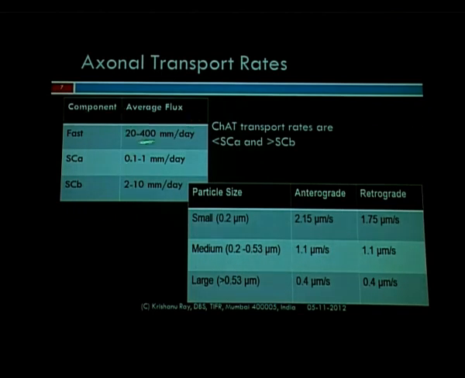The rates in this range, that is 20 to 400 millimeter per day, are considered to be the fast axonal transport, examples of which I just showed you. The other rates, which are much slower, are considered to be the slow axonal transport.